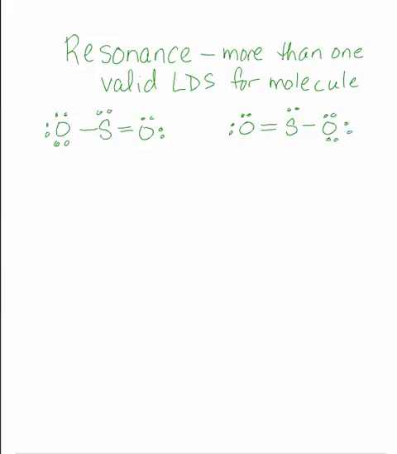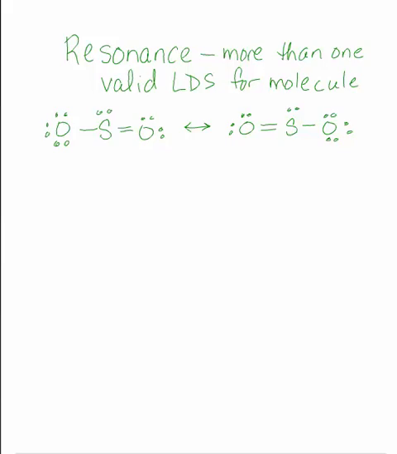Now, essentially, both of those molecules are the same thing, and in reality, the real molecule is an average of the two, which is why generally we put that double-headed arrow in the middle of the two structures. So SO2 technically would be an average of the two structures that you see on the screen right now.